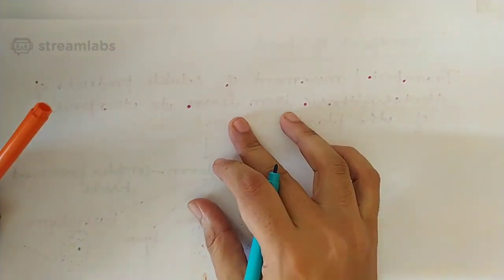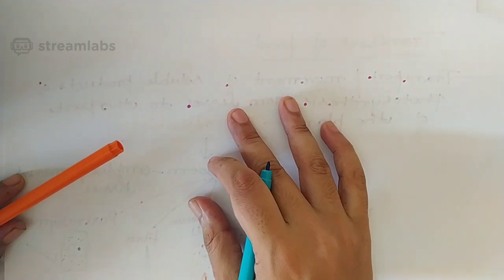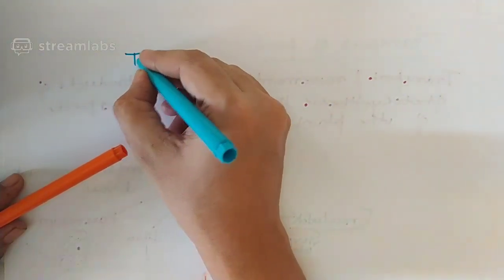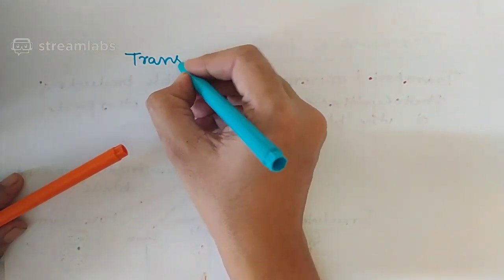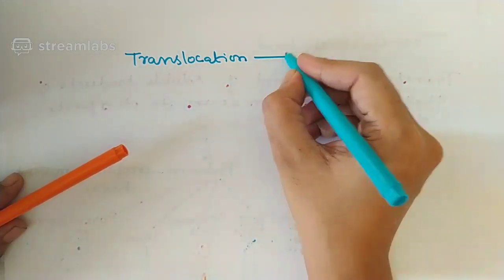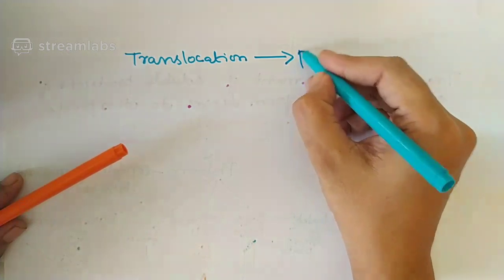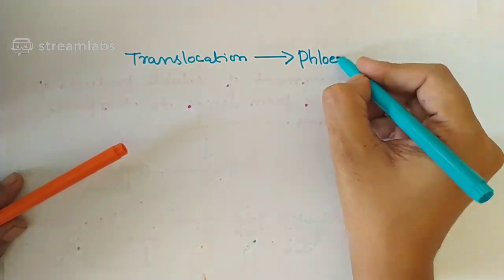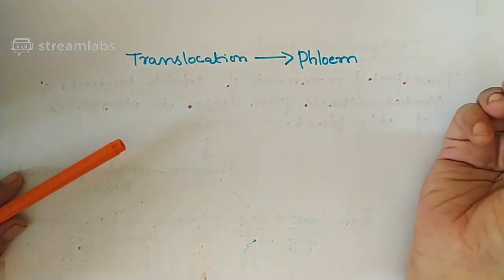Now, what were we talking about? Translocation, which takes place through the phloem. Which component of phloem? The sieve tube.